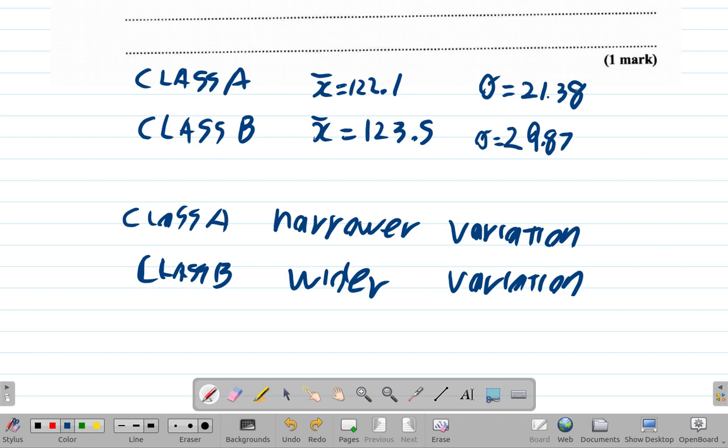Smaller standard deviation means the numbers don't vary that much. You could also say less variation. That's another word you could use.